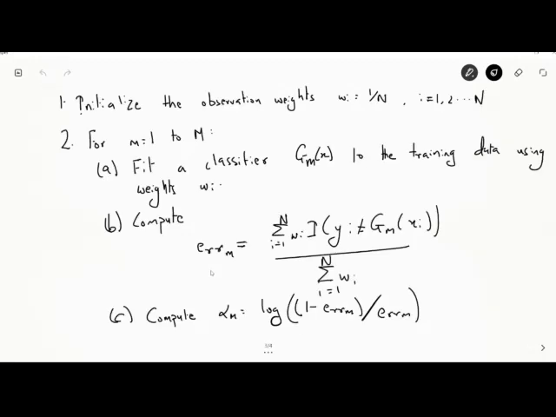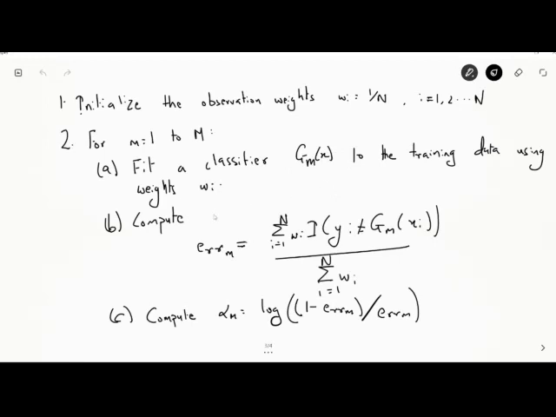So now I'll write down the general algorithm. This is the algorithm for AdaBoost, and we'll try to understand how this works. As we said, we will initialize the observation weights as 1 by n. Now for every step, we fit a classifier GM(x) to the training data using the weights wi.